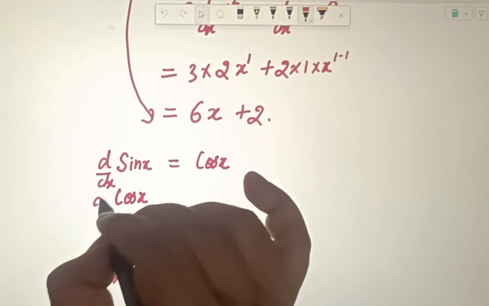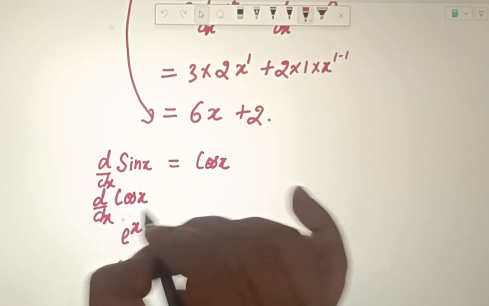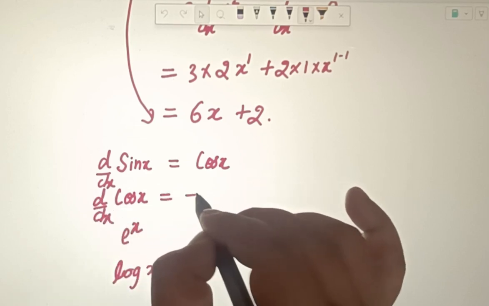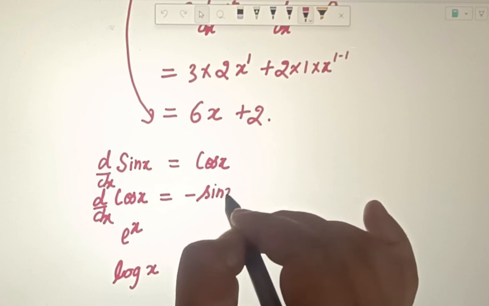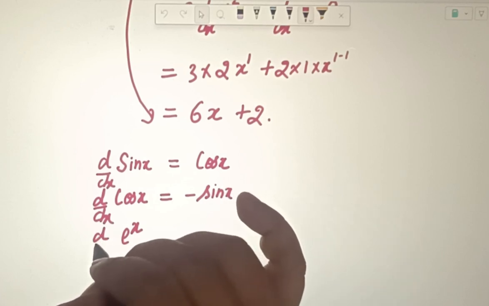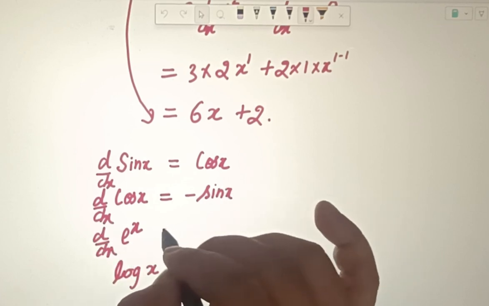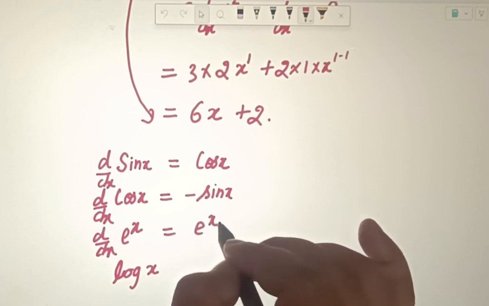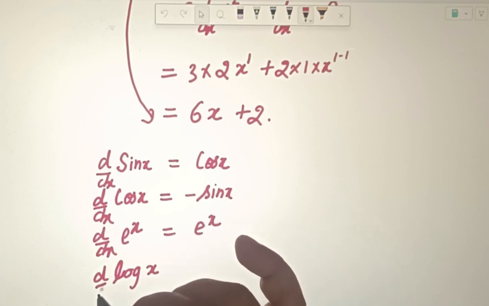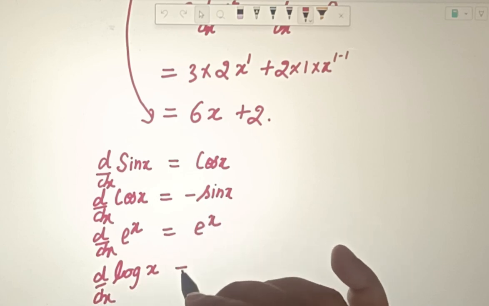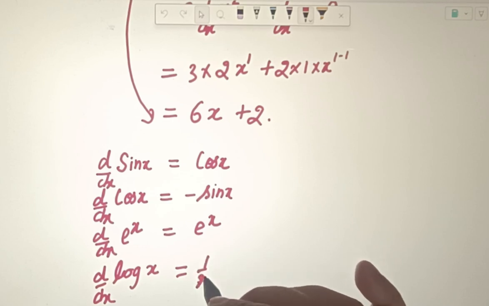Next, the derivative of cos x is negative sin x. You need to remember these formulas. The derivative of e to the power x will be e to the power x as it is, and the derivative of log x will be 1 by x.